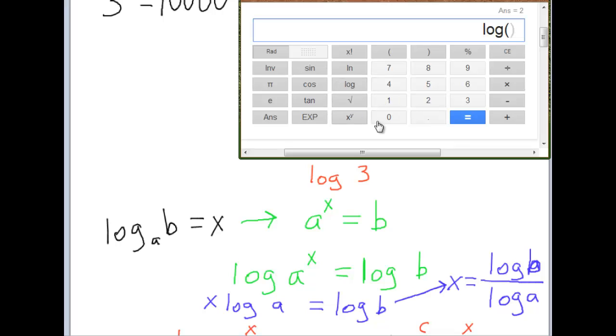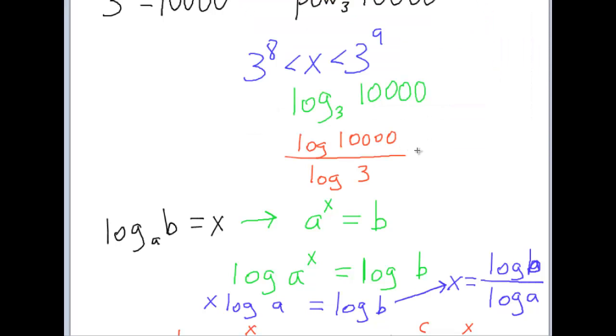What is log of 10,000 divided by log of 3? The answer is 8.383613097116, and the decimal would keep going, but that's good enough for us. And so this is approximately 8.38.